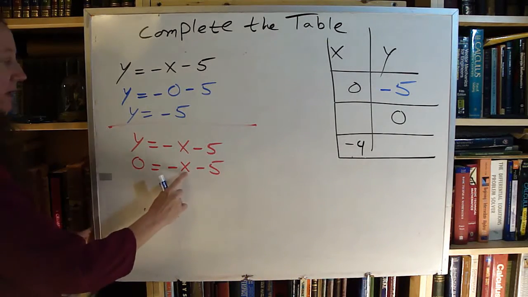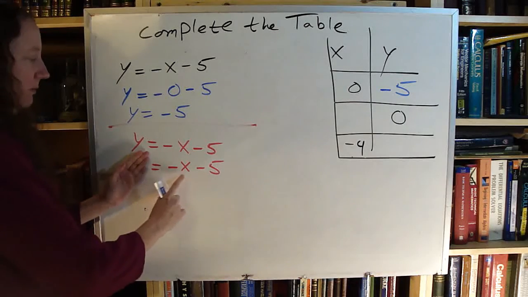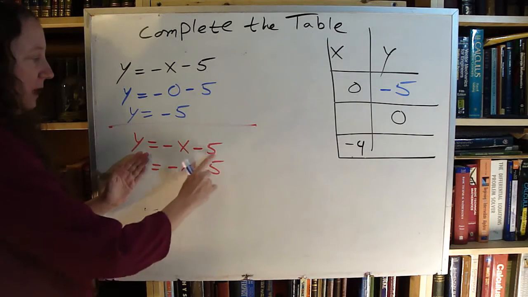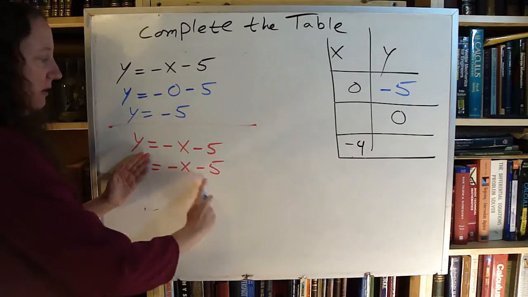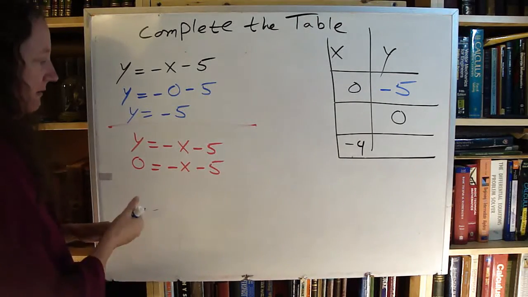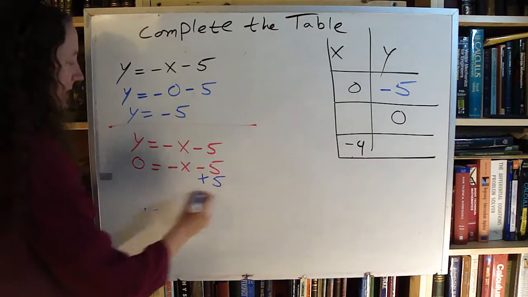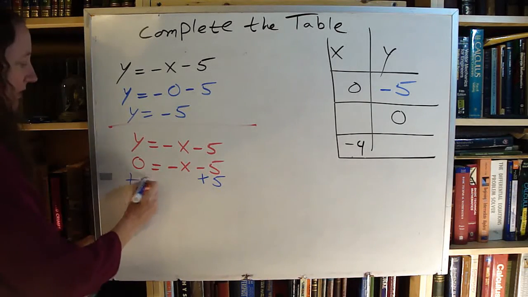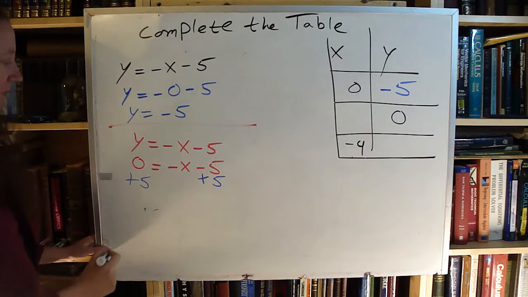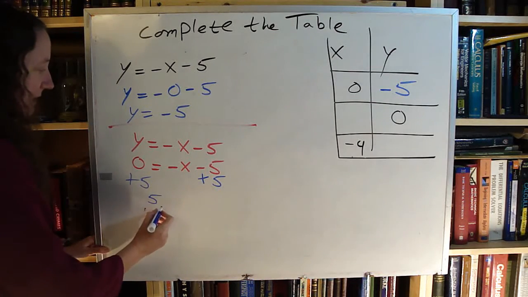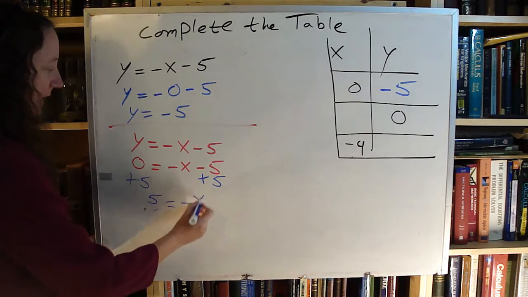I need to solve for x. So I'm looking at the side where my x is. I go for anything that's being added or subtracted. So I have to get rid of that minus 5. Add 5. What I do on one side, I do on the other. So now I have 5 equals negative x.